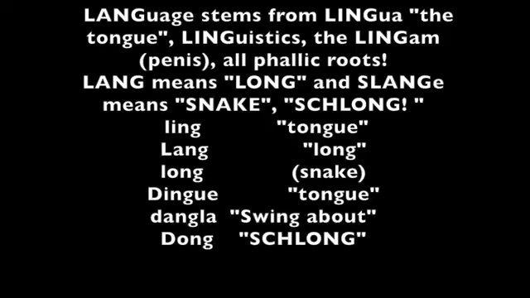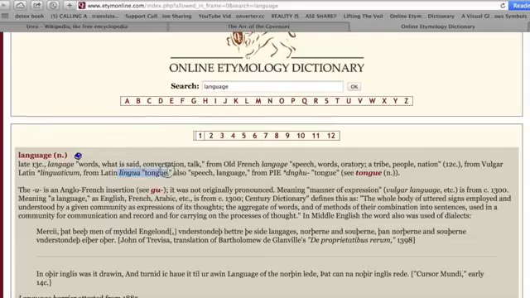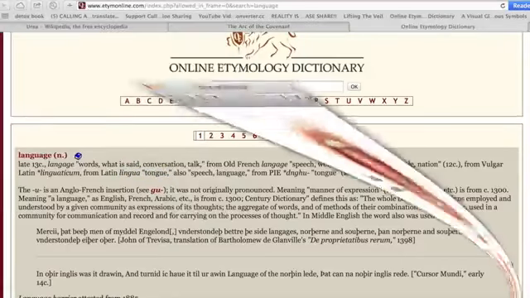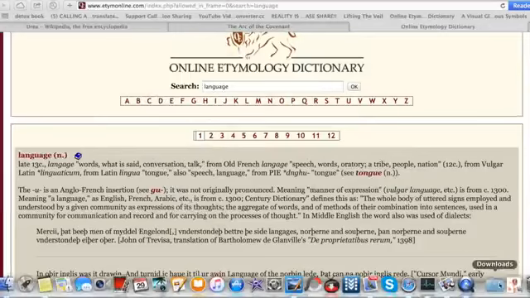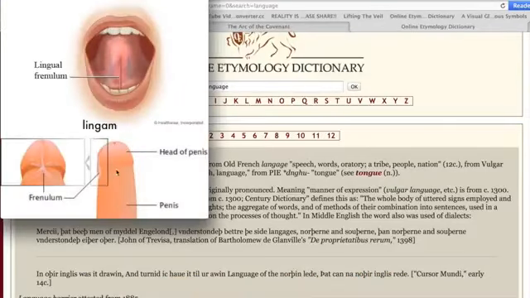comes from the Proto-Indo-European root ding, meaning tongue. And this is the root word ding, the root phonetic sound ding, as in the ding-a-ling, as in the male lingam. So the tongue as it corresponds to the penis, the lingam and the lingua, the tongue and the penis.